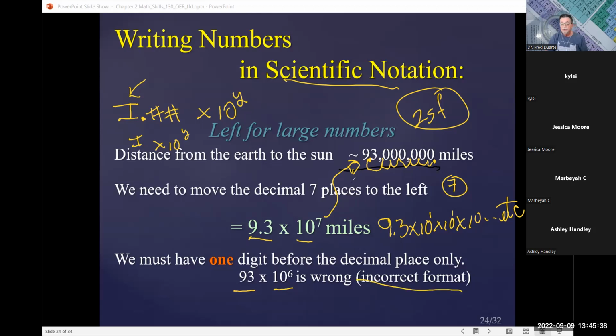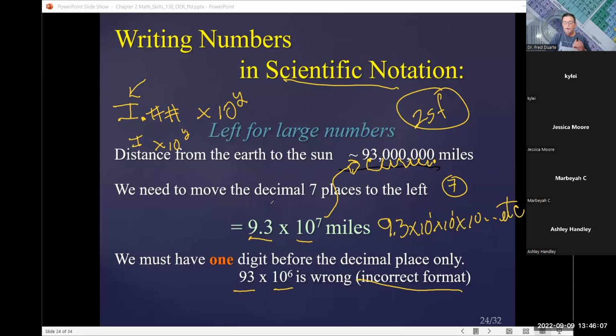Yes, that does represent 93 million, but it's not in the correct scientific notation format. So it's the integer followed by the decimal point if necessary, and then whatever digits you need to give you the correct number of sig figs, times 10 to the y power.